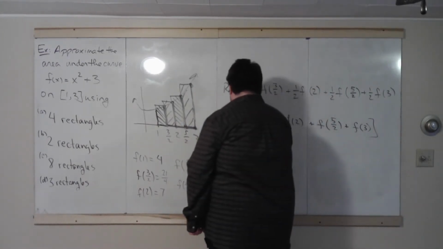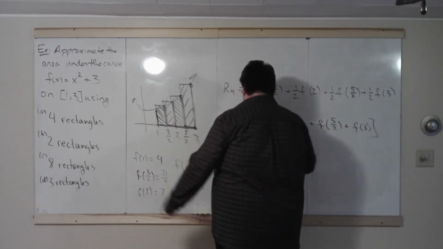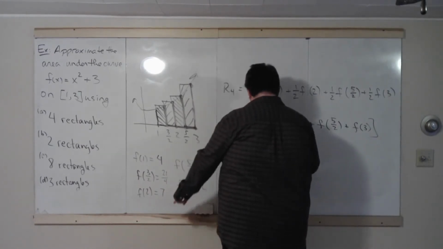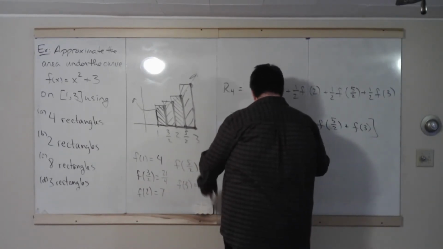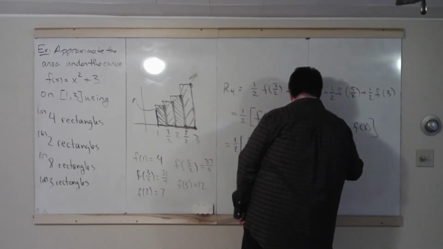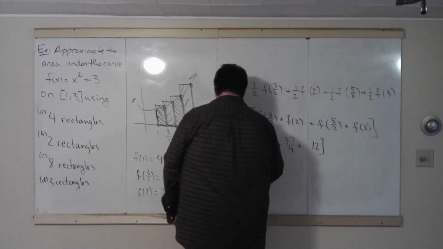So what do we get? Well, we get a half times f at 3 halves, 21 fourths, plus f at 2 plus f at 5 halves plus f at 3. And what does this equal?